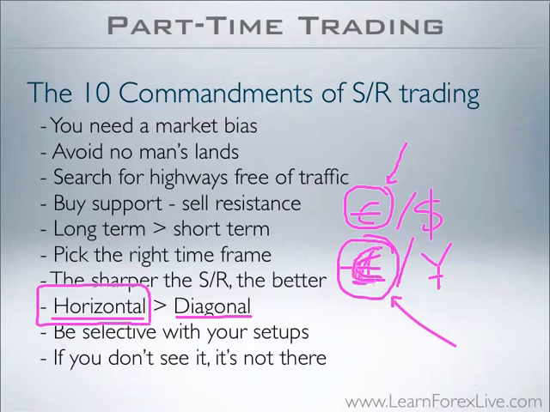You usually don't want to do that. You want to diversify your risk. So if you take one trade on the euro against the American dollar, you may want to pass on any upcoming trade on any other euro cross or any other American dollar cross.